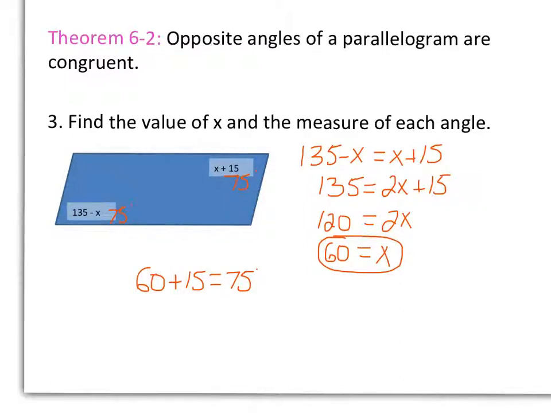Then if I wanted to find my other two angles, I could take 180 minus 75 and get 105. So it tells me this angle is 105 degrees and this angle is 105 degrees.